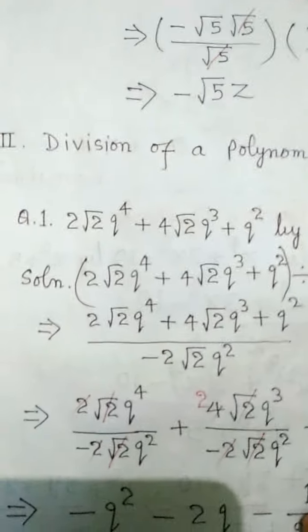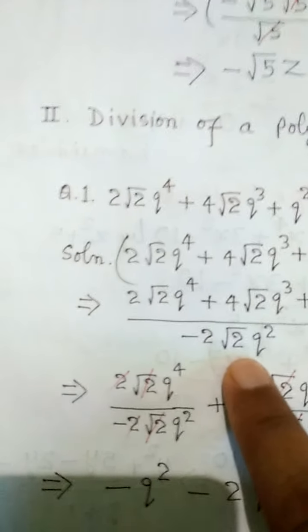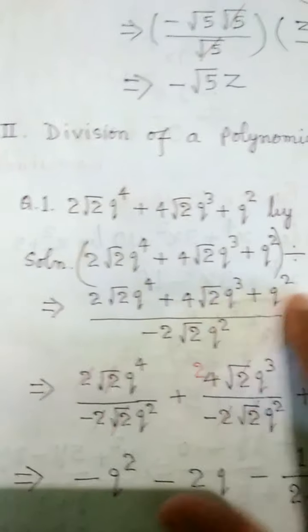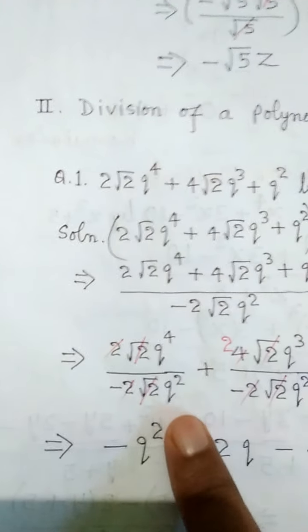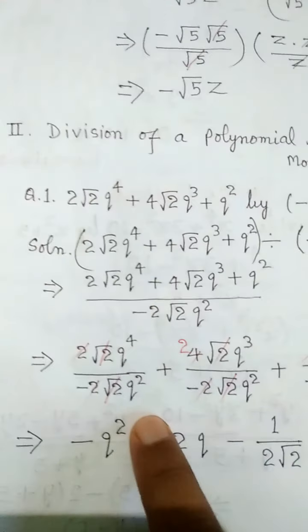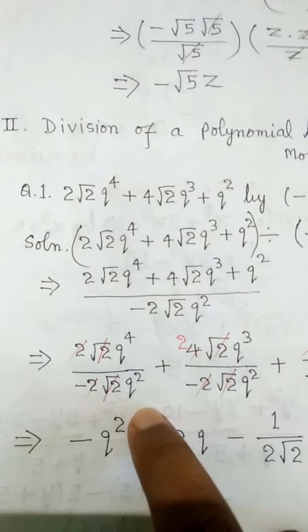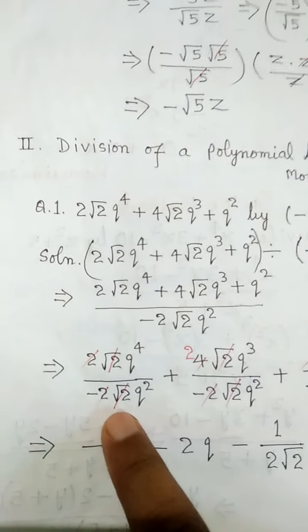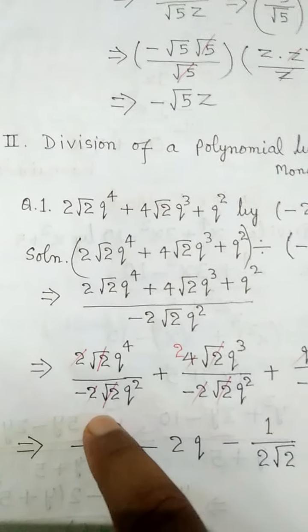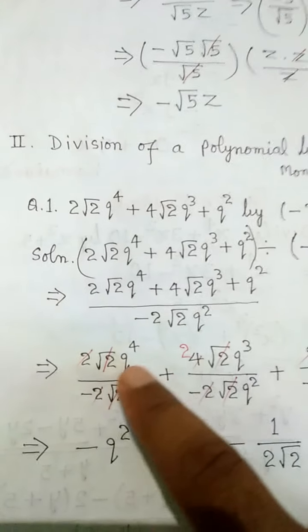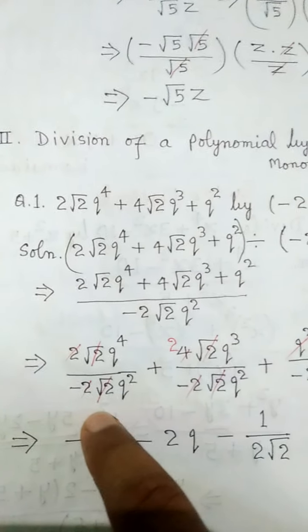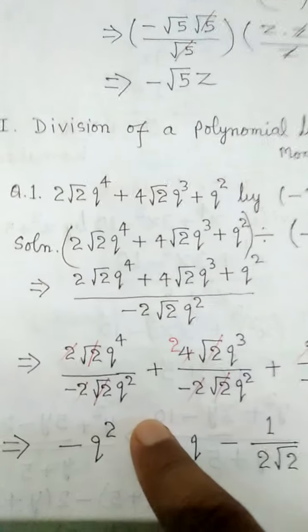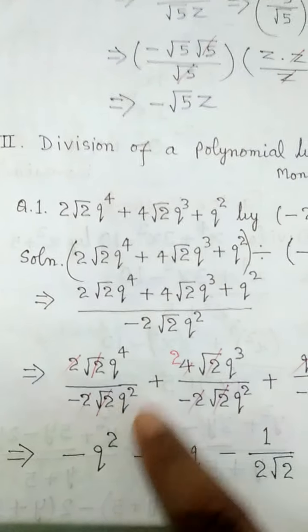This is the divisor. We write it like this firstly, and then separate each term. Each term is going to be separated and they will be divided separately. Common terms will be cancelled. Constant part will be divided by constant and variables by variables.